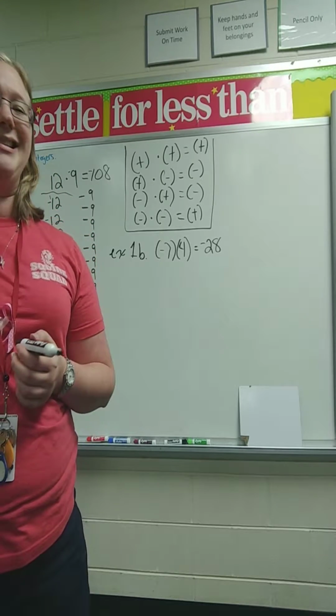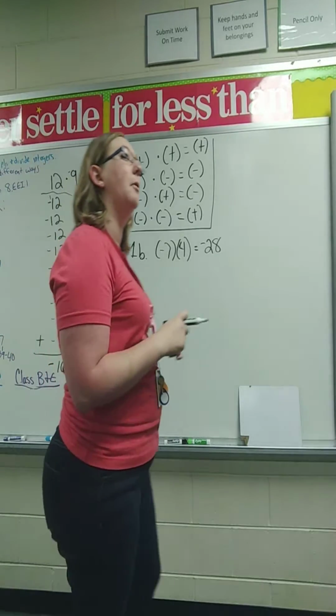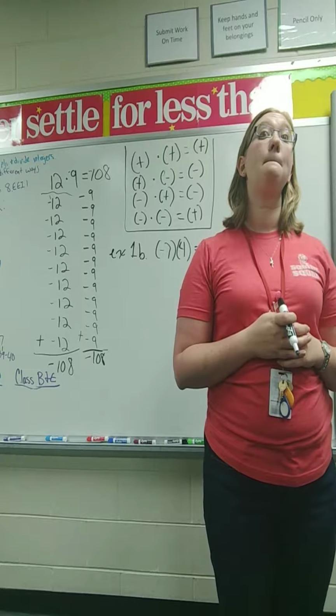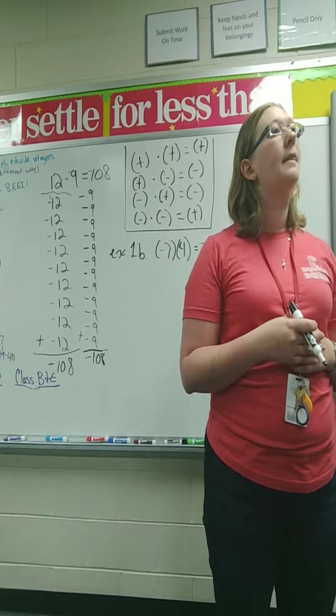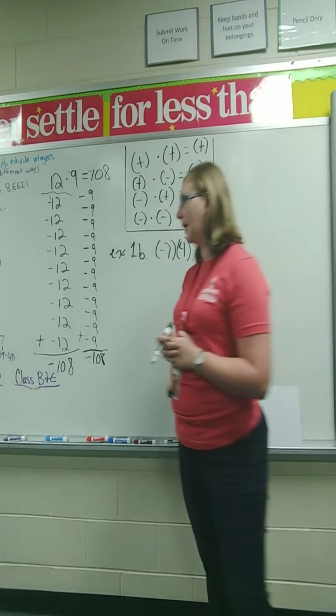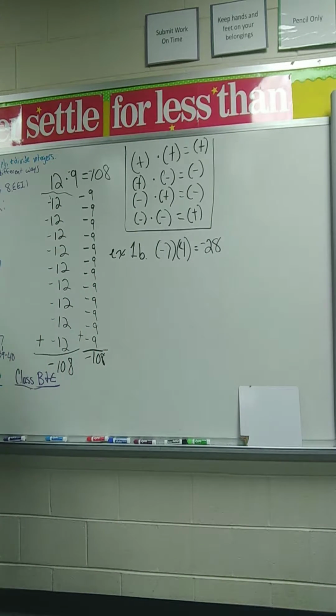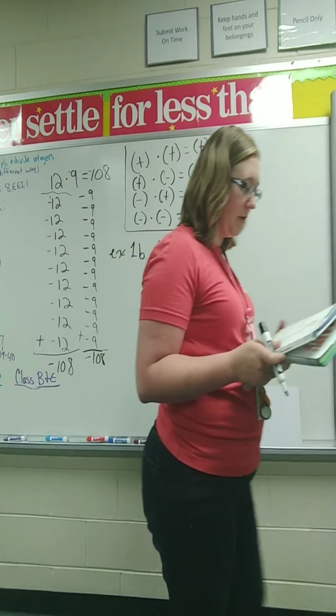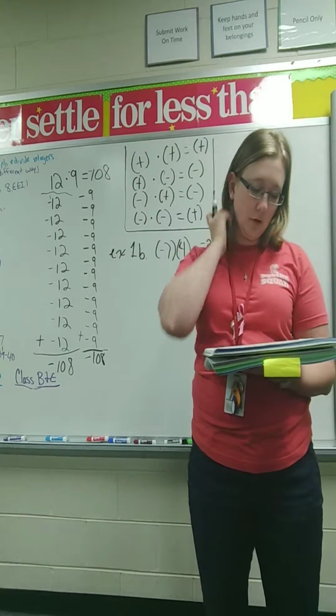Repeated addition of what? What problem are they showing? Okay, so at the top of the page, they're showing how we could use a number line to multiply by negative numbers.